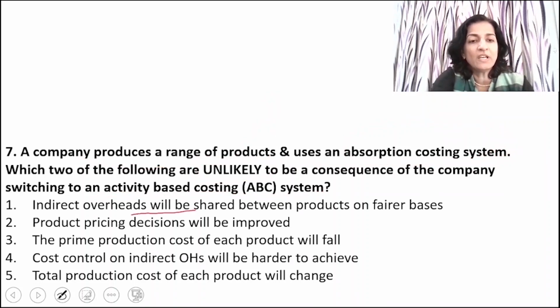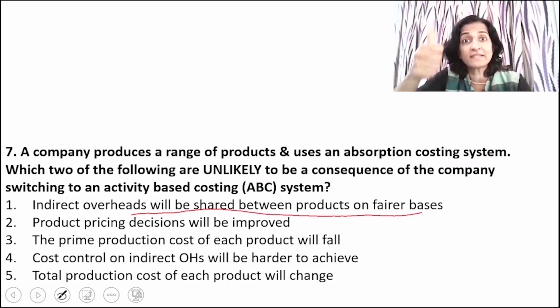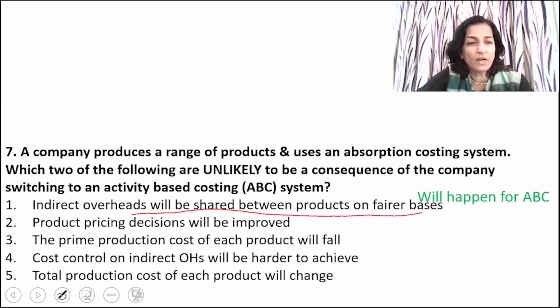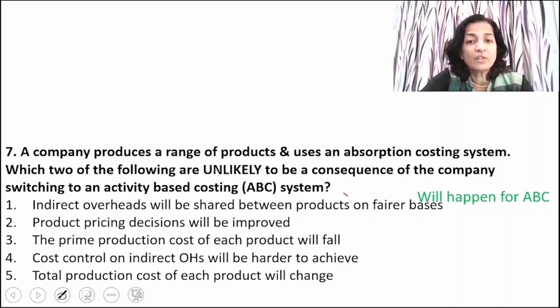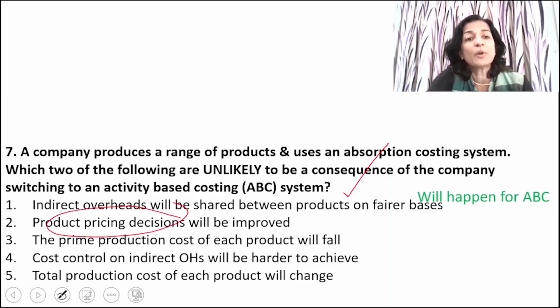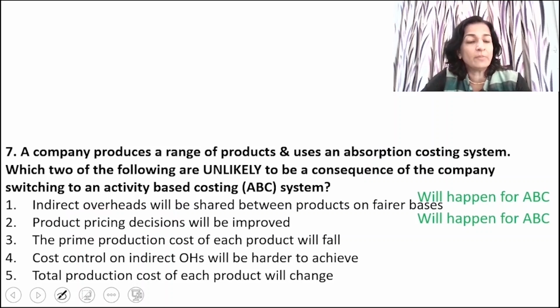Indirect overheads will be shared between products on a fairer basis. Yes, that will happen for ABC. And second one, product pricing decisions will be improved. That will also happen for ABC because once the indirect overheads are divided on a fairer basis, then automatically the product pricing decision will also improve. So that will also happen for ABC.